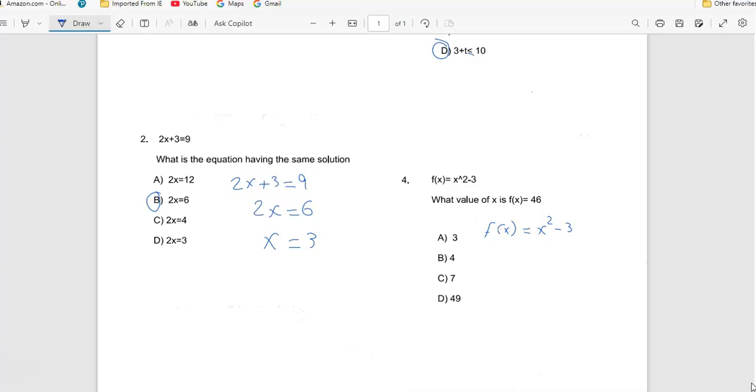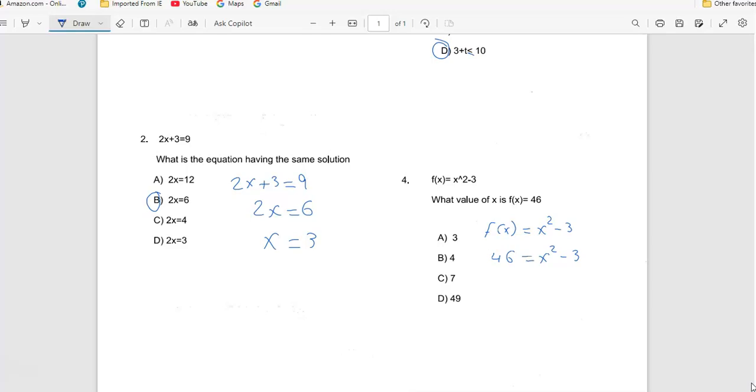What value of x makes f of x 46? So here we have the value of f of x, but we're looking for x. So what we have to do here, we're going to substitute 46 for f of x, and we're going to solve this equation to find x.